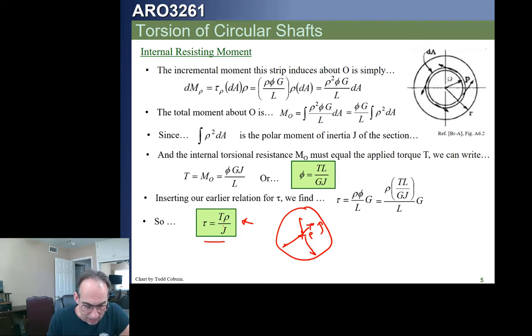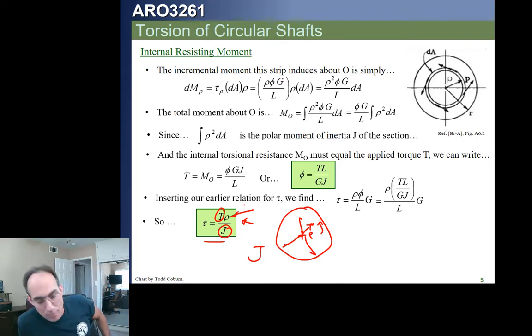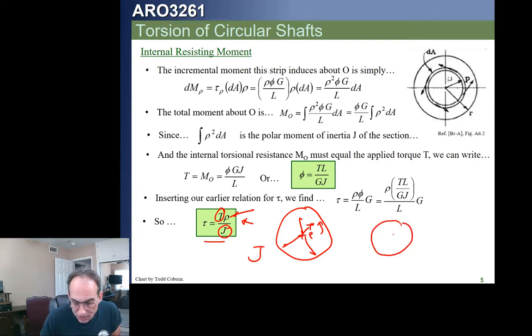This says we calculate the J of the entire section, the polar moment of inertia. We take the total torque on the section and multiply that ratio times the radius of any point, and we will get the shear stress. If we look at this again, we can plot the shear stress from the center to the extreme fiber, and we find out it linearly increases.